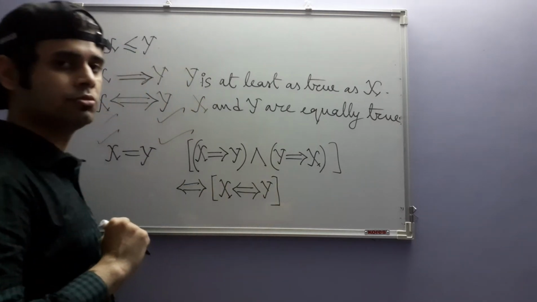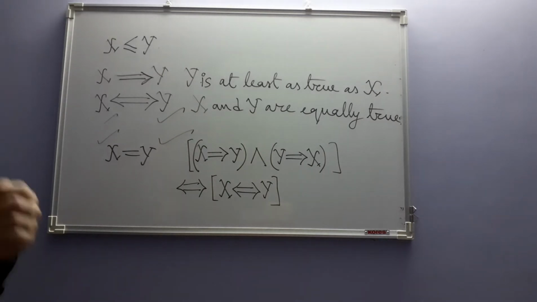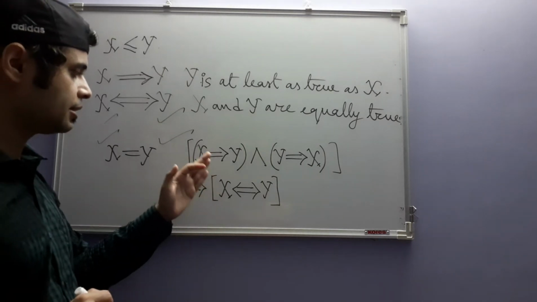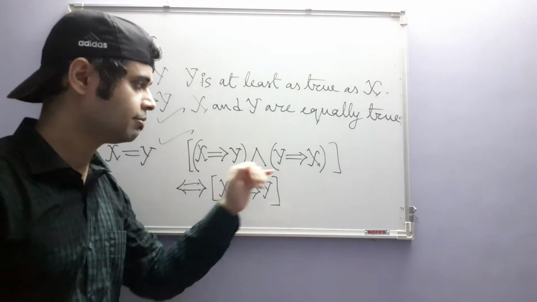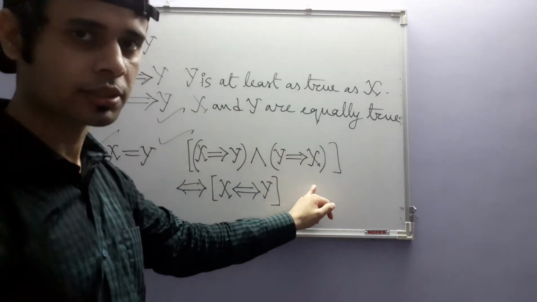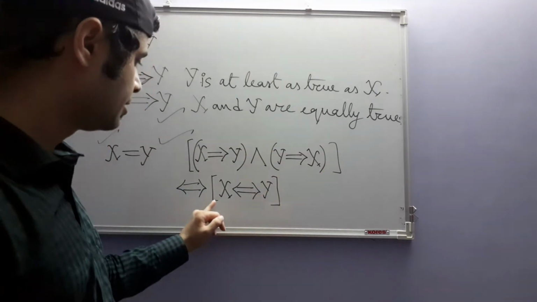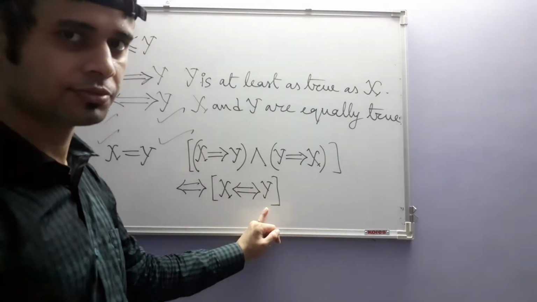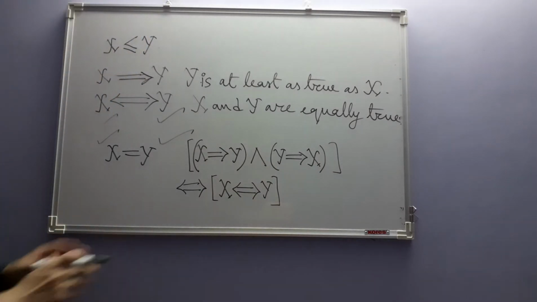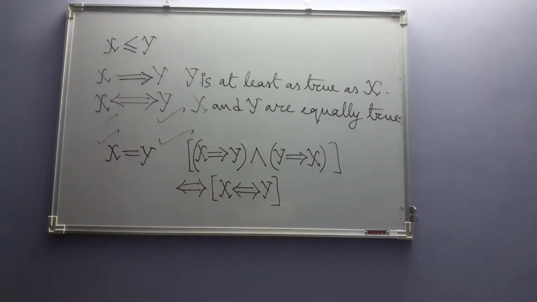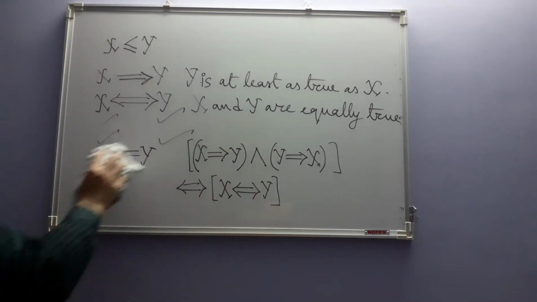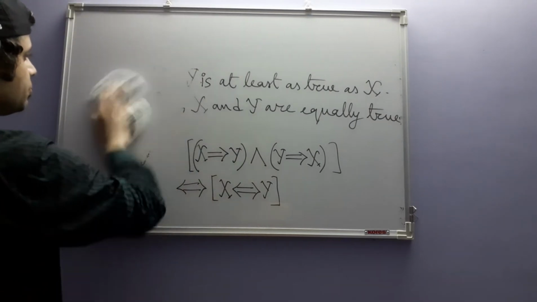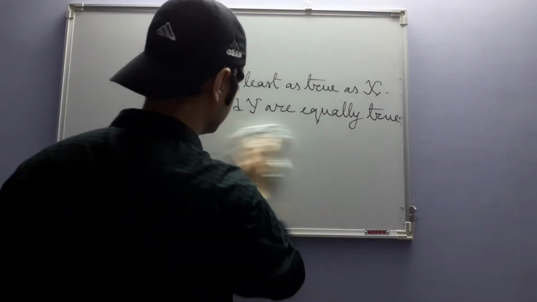I hope you can prove it. In this sense, this is one half of this. If we have both the implications from both sides, then we have if and only if. Okay, try to prove this one using truth tables.